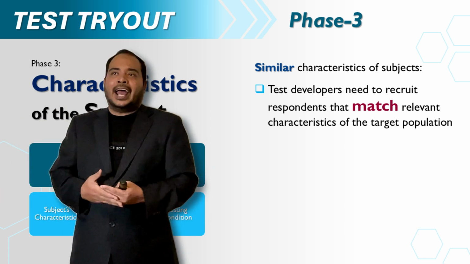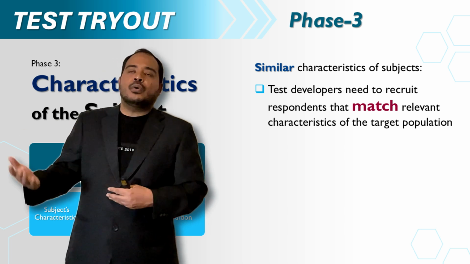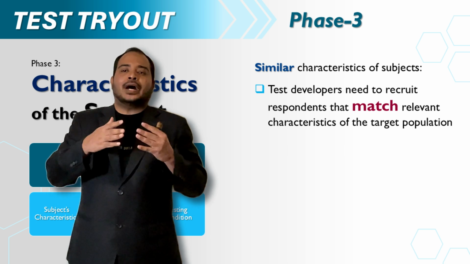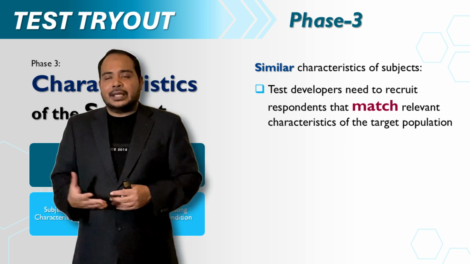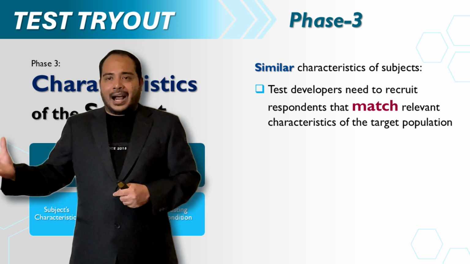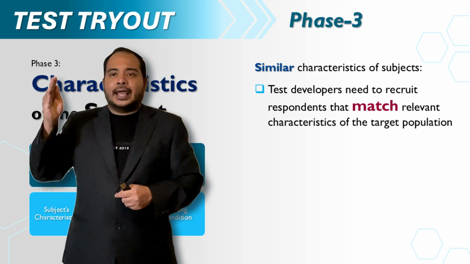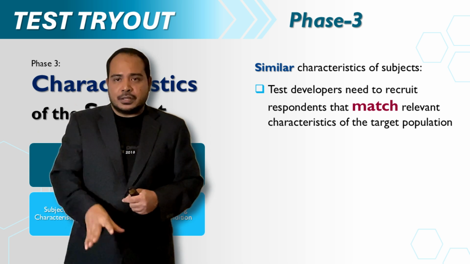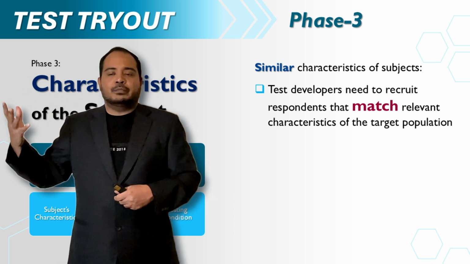So they don't have the capacity to go and find school children to answer their tryout. So what they do is they run their tryouts at the universities and ask university students to respond to their newly developed test.